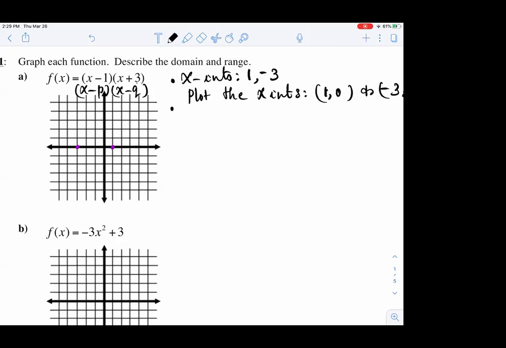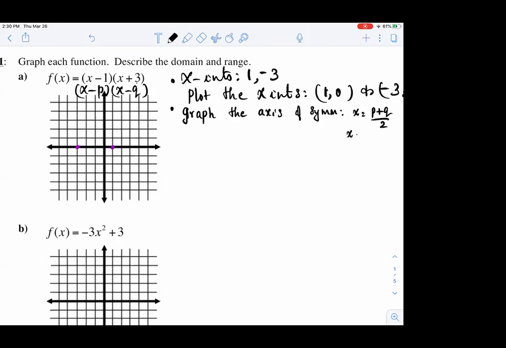Next, my second bullet point is graph the axis of symmetry. What is the equation to find the axis of symmetry? The one that we just learned. If you know, p plus q divided by 2. Correct.